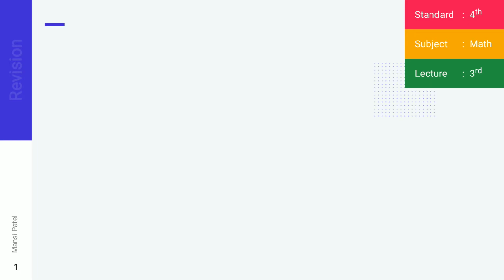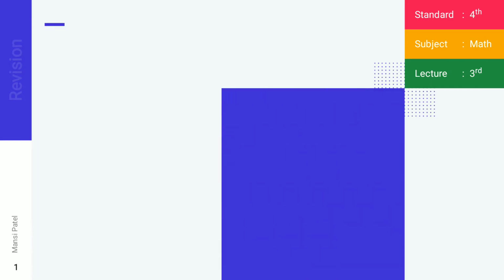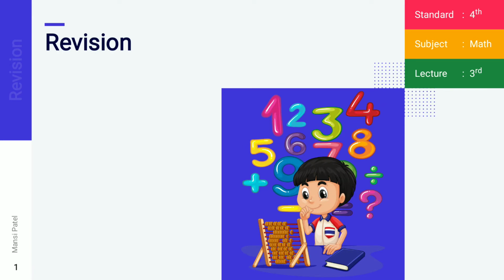Now today we are going to do the revision of chapter number 5. Do you remember the name of our chapter number 5? The name of our chapter number 5 is The Way the World Looks.